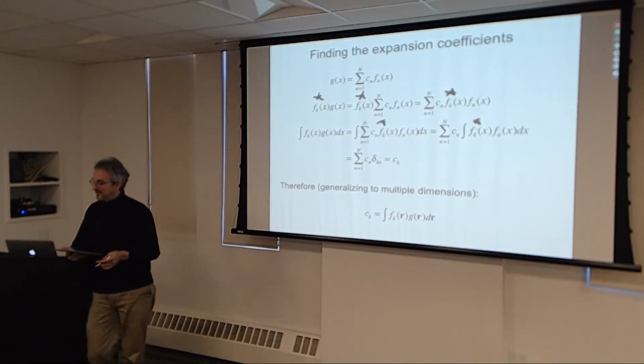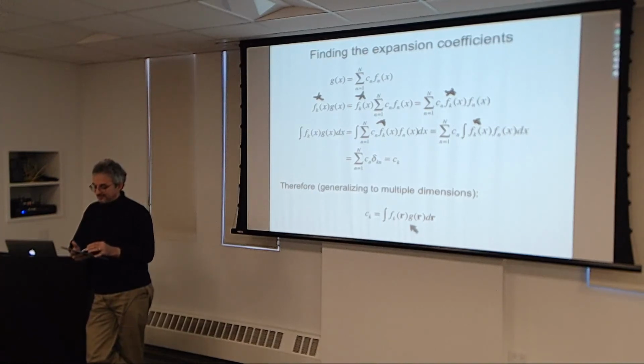And if we're clever, we might be able to find functions where we only need a couple of terms to understand what's happening, and we might not need 1,000 terms. And if we have more than one dimension, we just have to generalize so all our integrals become multi-dimensional integrals rather than one-dimensional integrals. There's nothing else special.